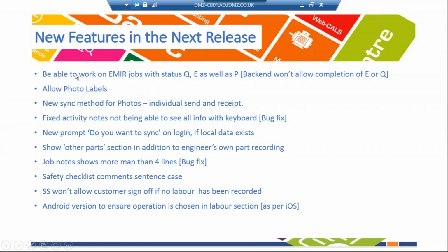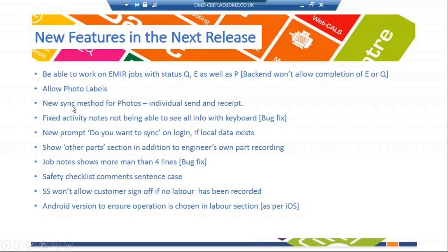We've allowed you now to add photo labels, and we've also, as I said just previously, changed the sync method for photos. Quite a big change this. In previous versions, it was syncing all photos at once, sending up big lists of photos and bringing down big lists of photos. And for some Android items in particular, they were struggling with memory requirements if people are taking a lot of photos.